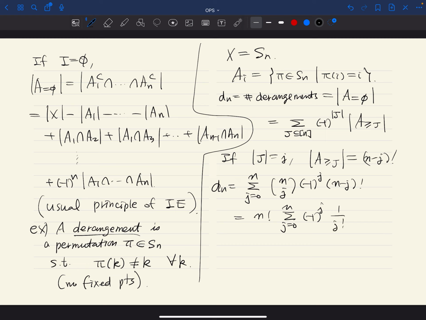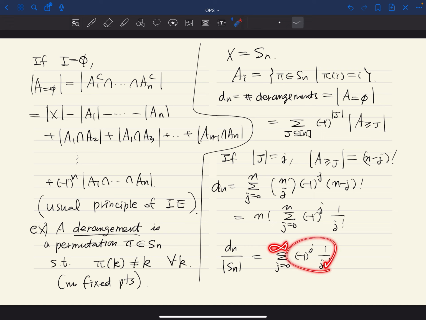Okay? So that means if we divide both sides by this, n factorial, which is the cardinality of S_n, we get the sum over j from 0 to n. But this one looks familiar to you.